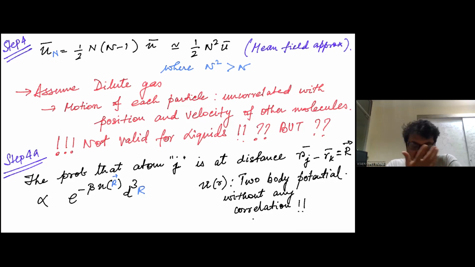That will further decrease the potential energy, make it more negative. But we're going to ignore that. We're going to say that the probability depends only upon e to the power minus beta U(r), the pairwise interaction. So in writing this, we are assuming that it depends only upon the pairwise potential between J and K. So I have a two-body potential without any correlation.